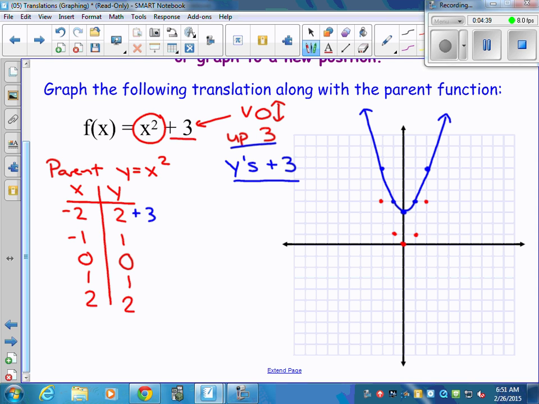So it's the 4 plus 3, the 1 plus 3, 0 plus 3, all the way down to get our new y coordinates for this graph. And then what we can do is verify that we've done our operation correctly by taking a look at any one of our coordinate points.